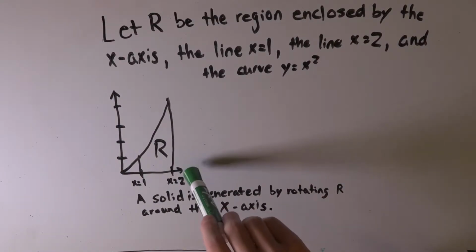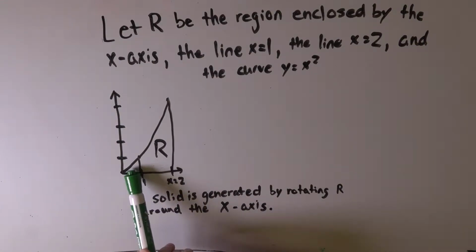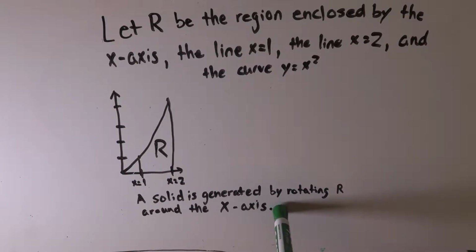And so, as you can see here, you're not going to take the area of this little piece right here, and your integral is going to be from 1 to 2, because that's how far it goes. And so it's going to be generated by rotating r around the x-axis, and go ahead and try it by yourself.